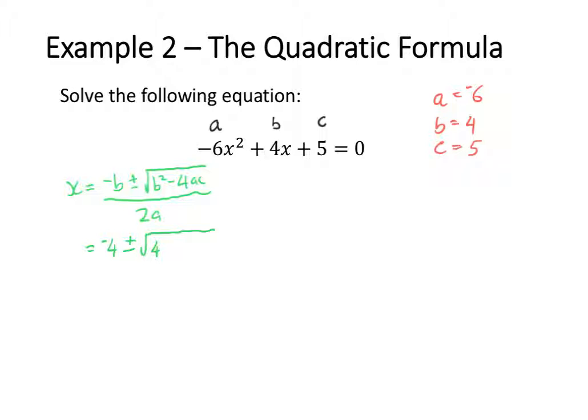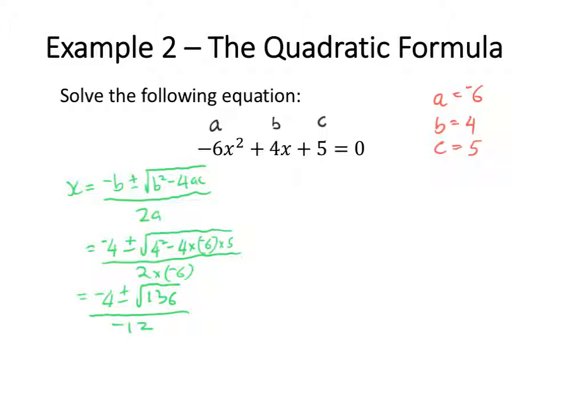So 4 squared minus 4 times a, so 4 times negative 6 times 5, and that is over 2 times a, or 2 times negative 6. So that's going to equal negative 4 plus or minus the square root of 136 divided by negative 12.